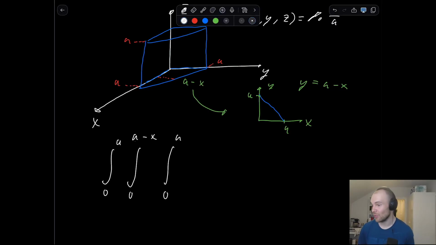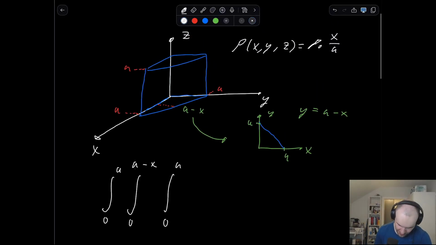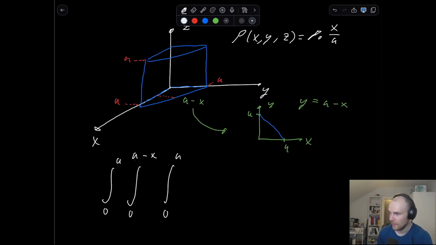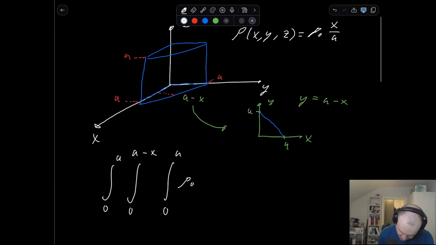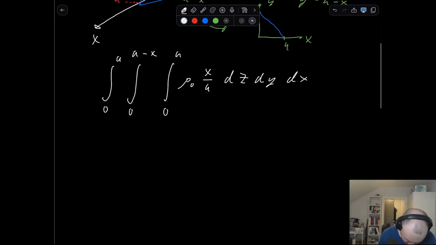So that's, of course, the volume. And now we, of course, need to multiply that by rho. And the function for rho was just rho 0, and then x divided by a. The last one was dz. Then we had dy. And then we had dx, right? Okay, calculating on 0 to a.